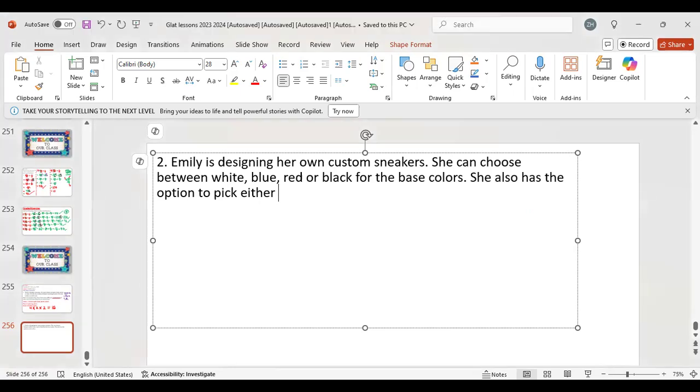So she also has the option to pick either high top or low top styles.